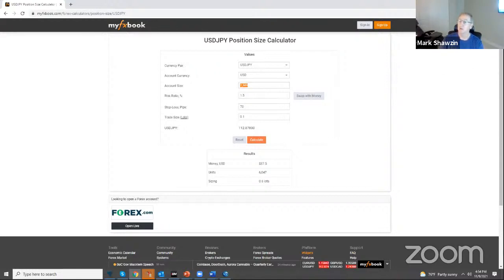Sam says, it seems you hold on to FX positions longer than equities. No, that's not true. It really depends on the environment. So I'm always looking for the bigger moves in the market, but they don't always occur.